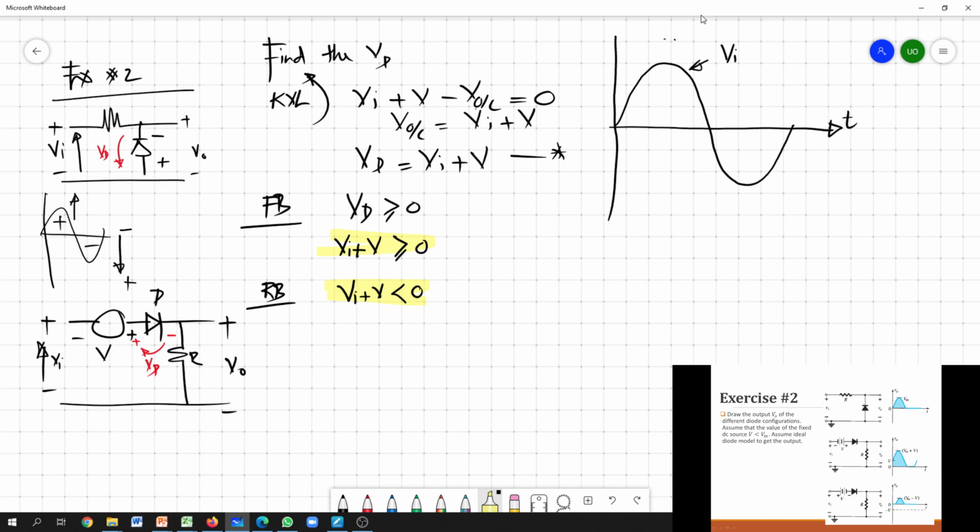So the easiest way is to draw this, and then easily identify the regions where Vi plus V is greater than 0 and less than 0. So let's assume V is a positive quantity. So then this should be like this. This is simply uplifted by V units.